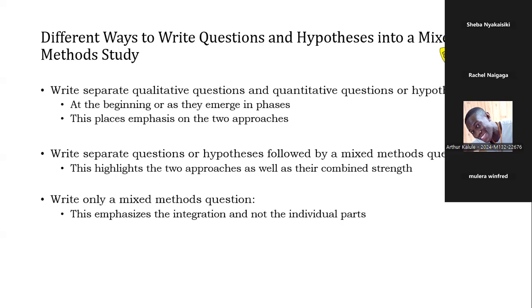Then, because Brian wants to get the qualitative side also, he includes the question, what would motivate university learners and lecturers to adopt online tools?